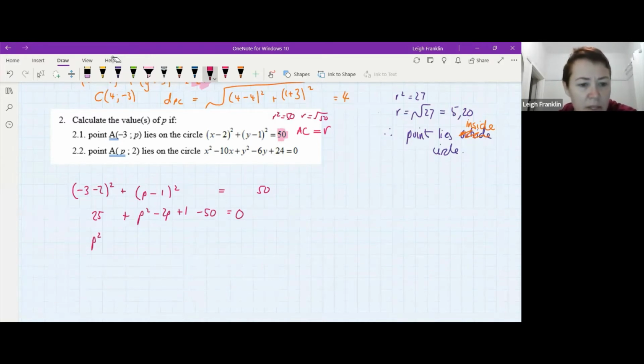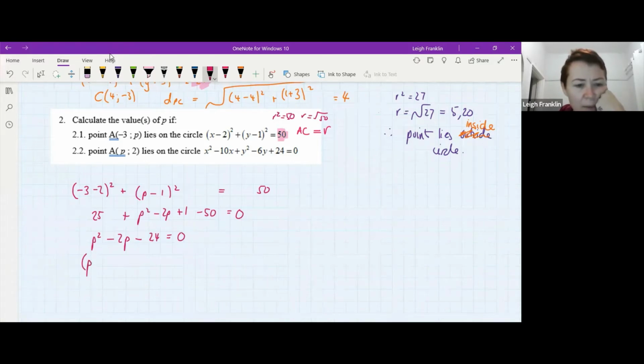So that gives us p squared minus 2p, and then we've got 25 plus 1 minus 50, sorry, 26 minus 50, which would be negative 24, wouldn't it? Equals 0. And now we're going to factorize.